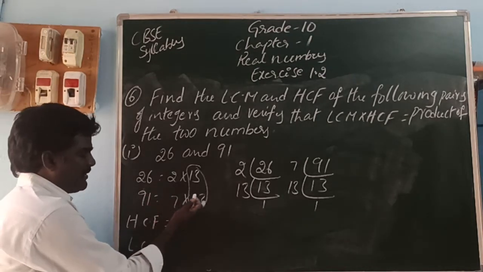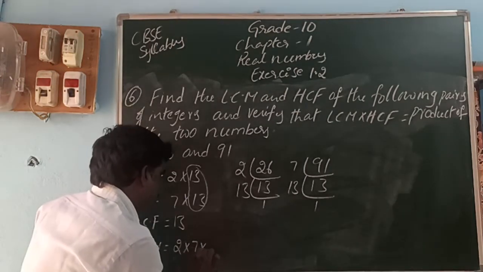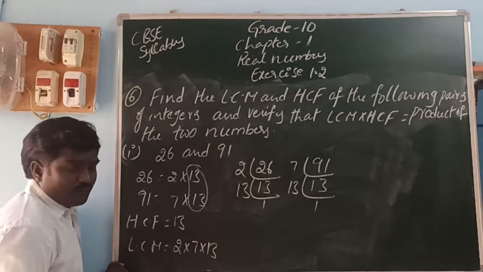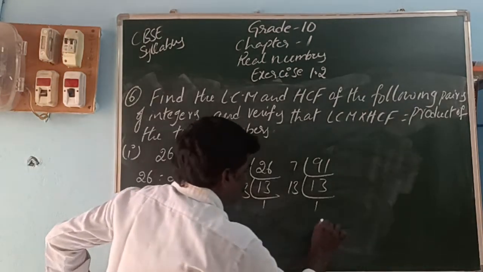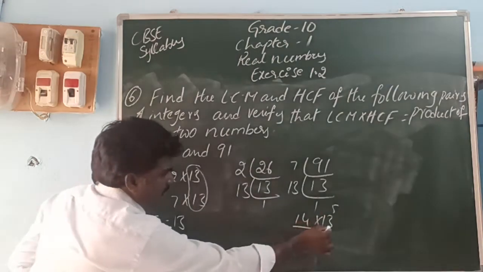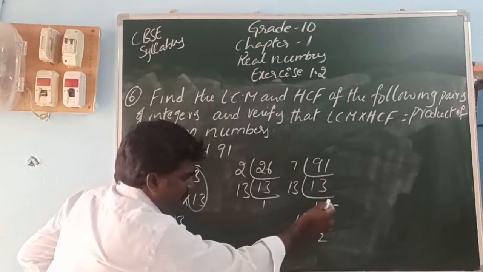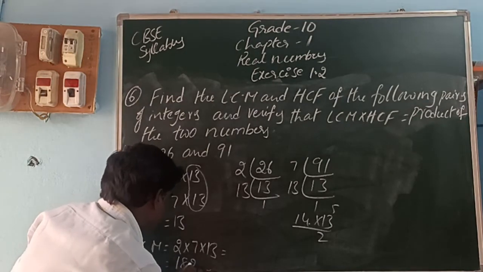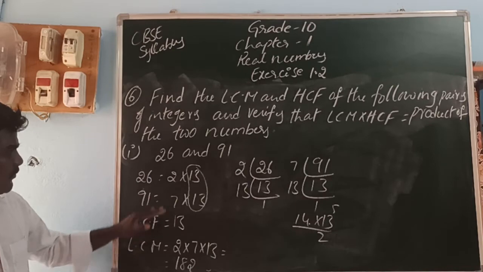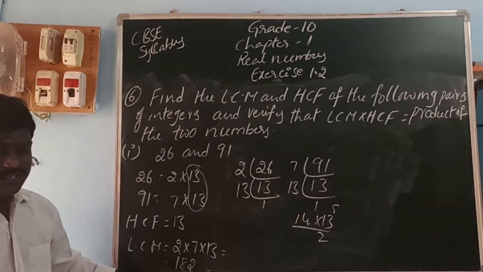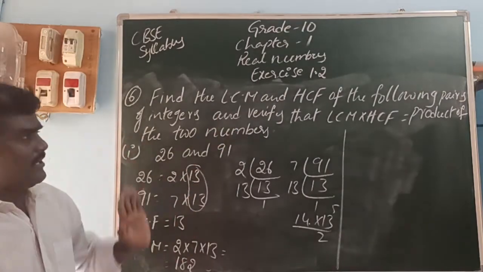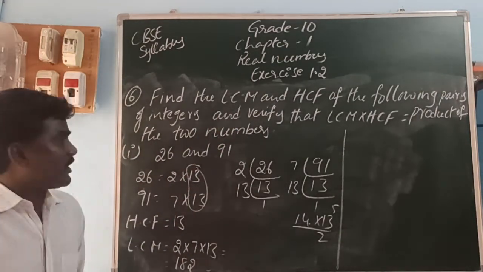Here 2, 7, 13. 2 into 7 into 13. 2 sevens are 14, 14 thirteens: 13 fours are 52, 13 ones are 13, plus 5 is 182. So the LCM is 182. The LCM of 26 and 91 is 182.